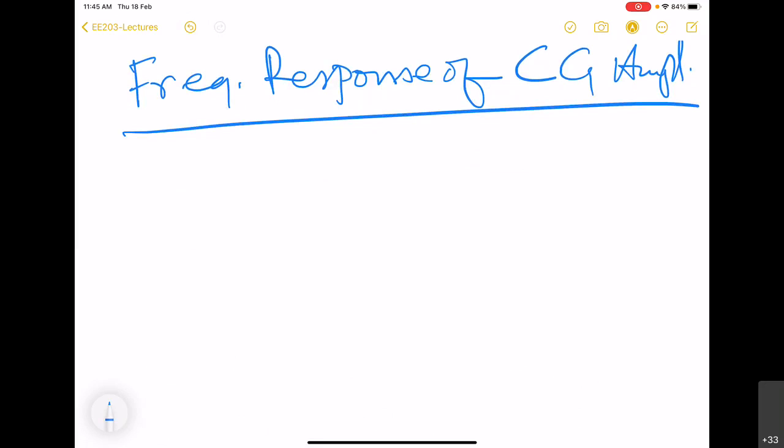But nevertheless, even the core of the amplifier has a response which is qualitatively similar to that of the exact one. So just to keep things simple, we will take the simple common gate amplifier, only the core. That means the biasing part will be excluded.